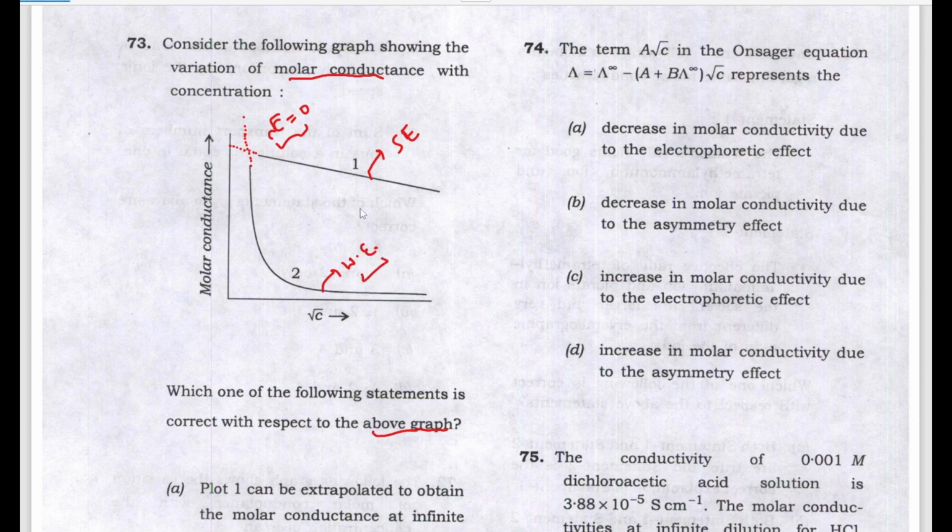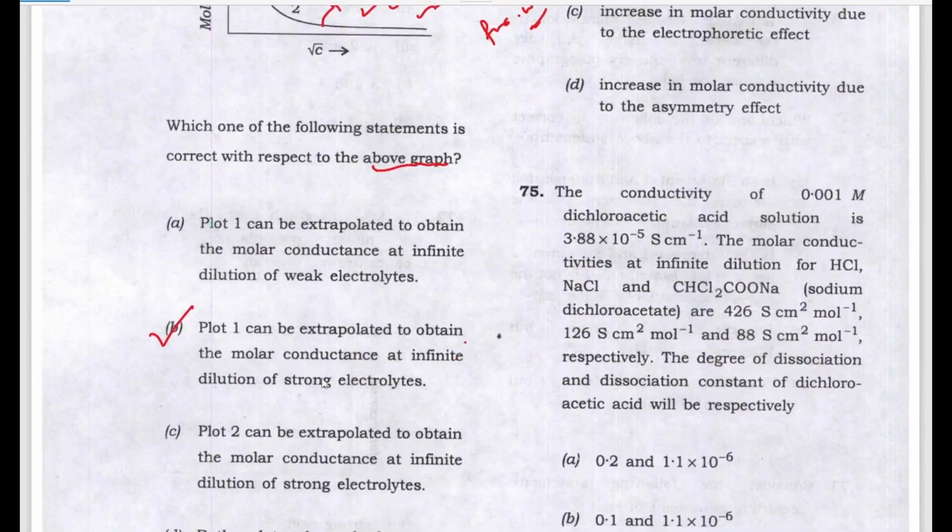At infinite dilution, weak electrolytes dissociate completely and alpha will be equal to 1, but at such low concentration the conductivity of the solution is so low that we can't measure it accurately. So we can extrapolate this graph to zero concentration only for strong electrolytes, not for weak electrolytes. So the correct answer in this question is B.